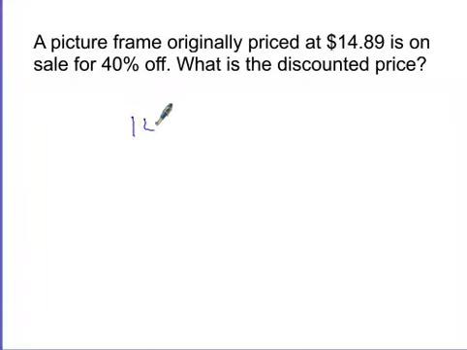So 14.89 times 0.4. 5.96. That can't be right. That is right? Okay. Sorry, didn't seem right to me. 5 point what? 96. 5.96.